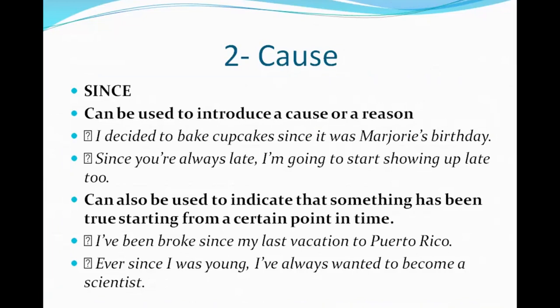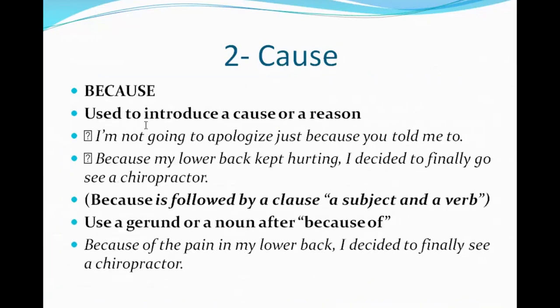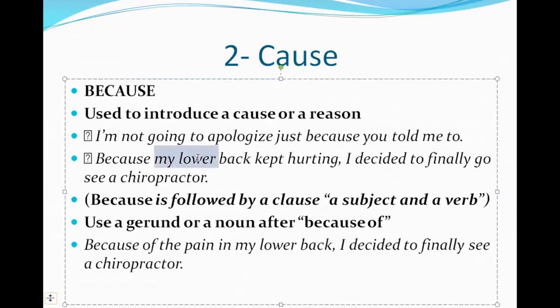Now let's look at because, how to use it. We can use the word because to introduce a cause or a reason. I'm not going to apologize just because you told me to. So after because, make sure that you use a subject and a verb, a clause. Here's one more example. Because my lower back kept hurting, I decided to finally go see a chiropractor. Subject and a verb.